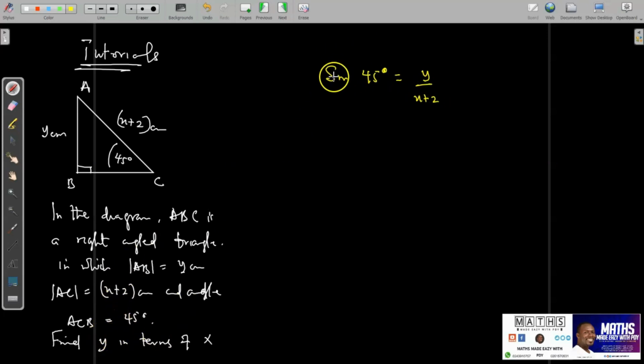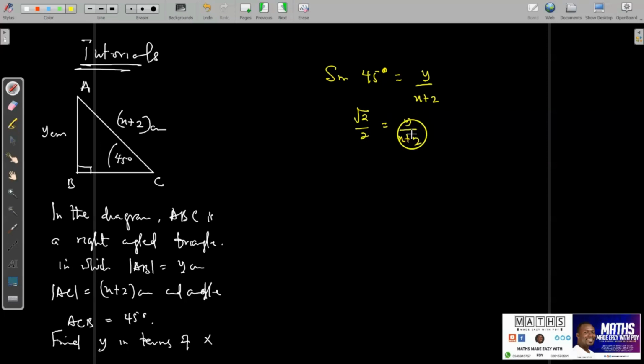So sine of 45 degrees, what have we learned sine 45 to be? Sine 45 is what? Root 2 on 2. Root 2 on 2, thank you, is equal to y over x plus 2.